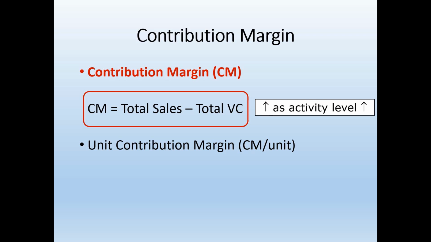As the activity level increases, total sales and total variable costs are going to increase in proportion to the change.